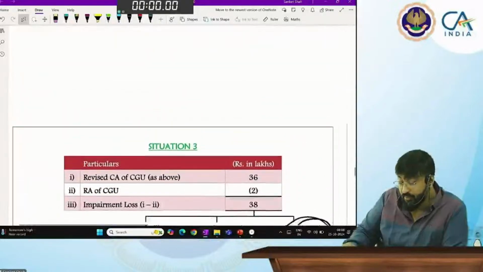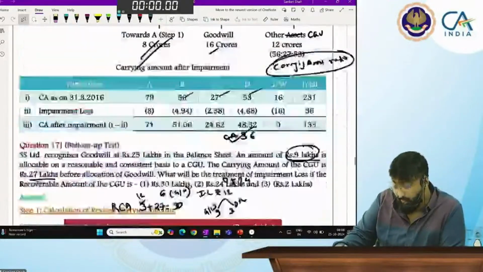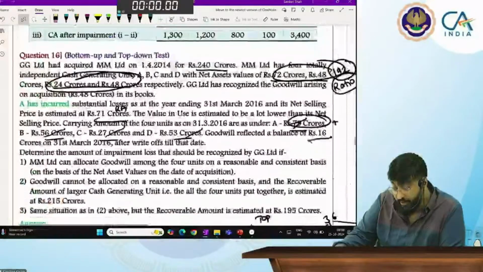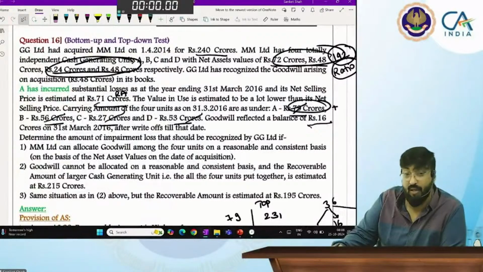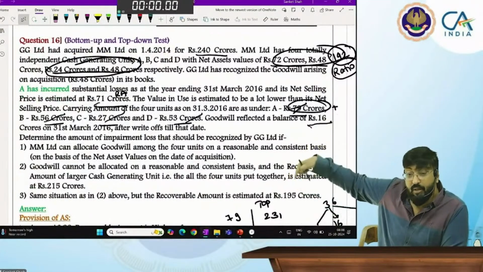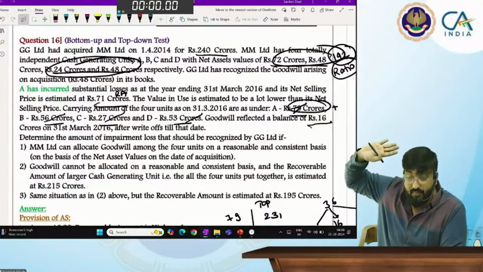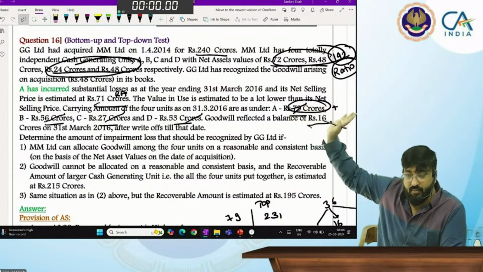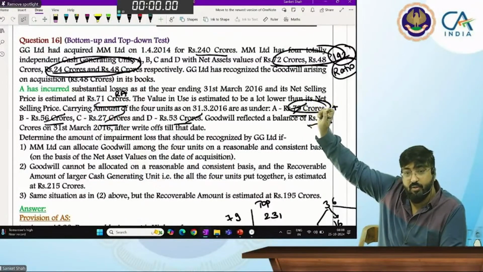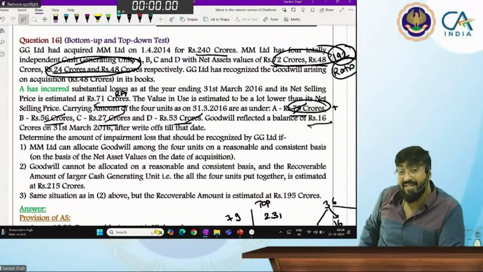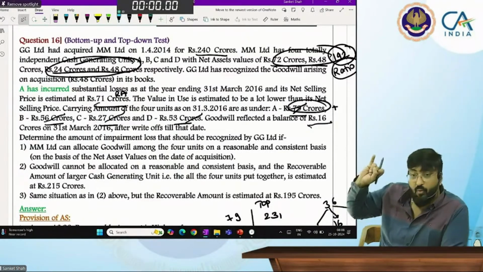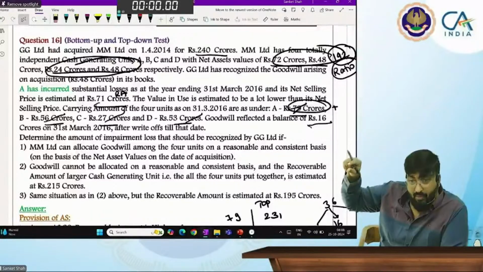And the question that clears the concept the most is the additional question 16 that I added. In this, the entire concept becomes clear. This is a question which will revise each and every concept in detail. You can call it the master question. It is the best question. And if you are able to solve question 16, it gives you 100% conceptual clarity. What if the bottom up test is also showing impairment loss?